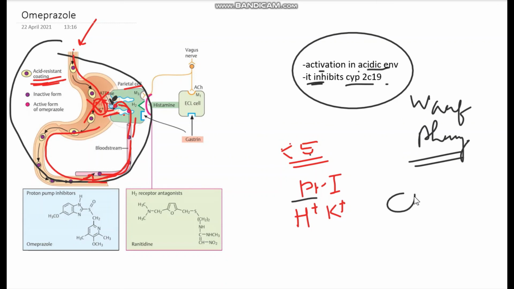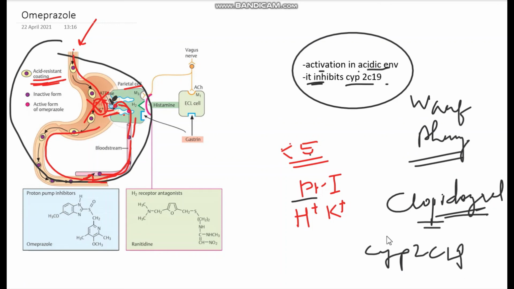Also, consider patients on clopidogrel, an antiplatelet drug which is used after MI as a prophylaxis to prevent further MI. So in previously myocardial infarcted patients we give this drug, and this drug has to be activated by CYP2C19.